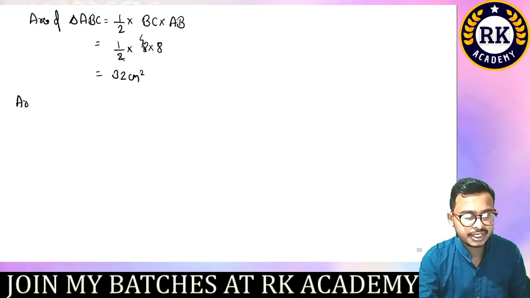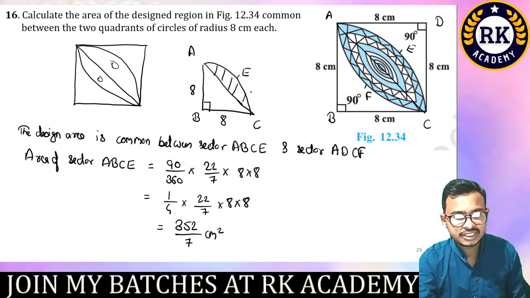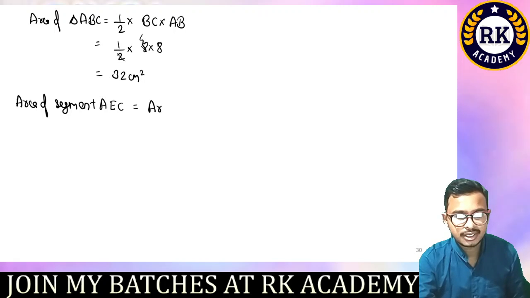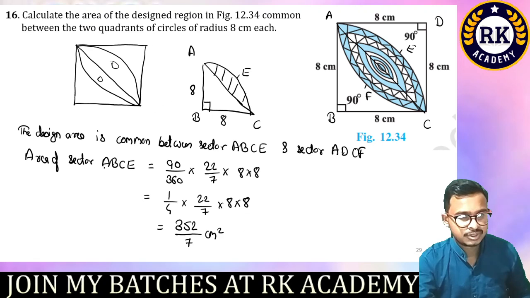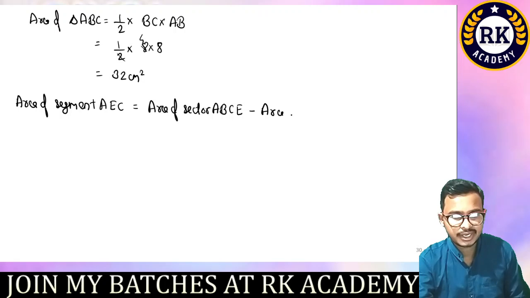Now area of segment. Which is the segment we were finding? We were finding the segment AEC. So area of segment AEC is equal to area of sector ABCE minus area of triangle ABC.